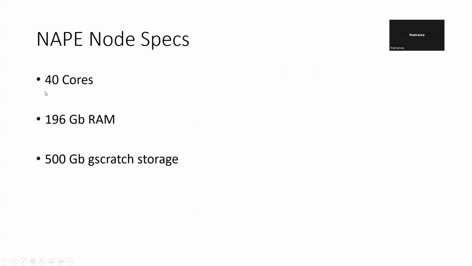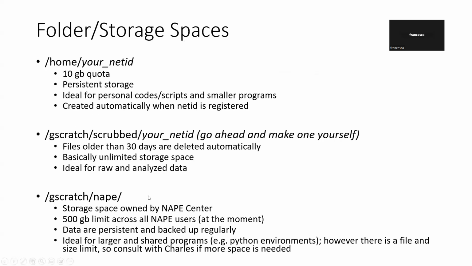So our NAPE node has 40 cores and a little bit under 196 gigabytes of RAM available. Upon purchasing this node, we also got 500 gigabytes of persistent storage space, which I'll talk about in this next slide. There are three different folders within this whole storage system that we can use for file storage.